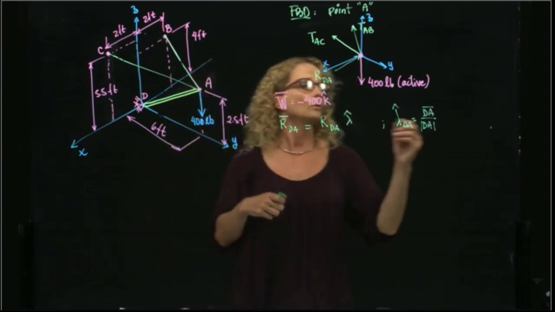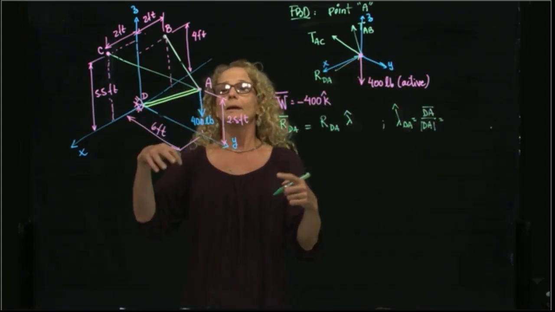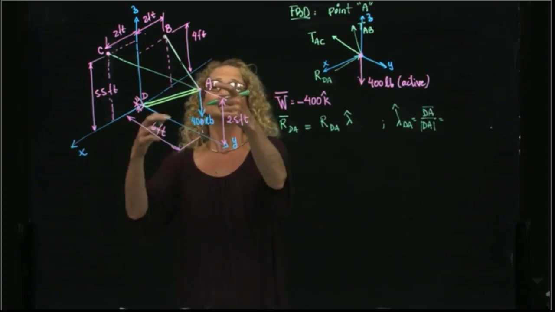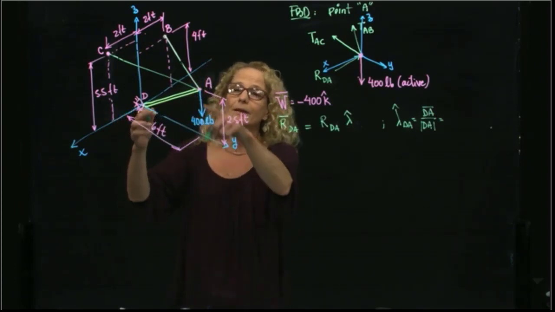So how do we get the dimensions of this vector? As you recall, we can either subtract the coordinates of the points or just go graphically.